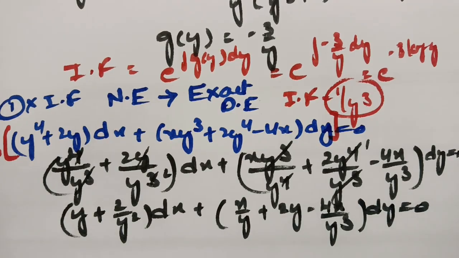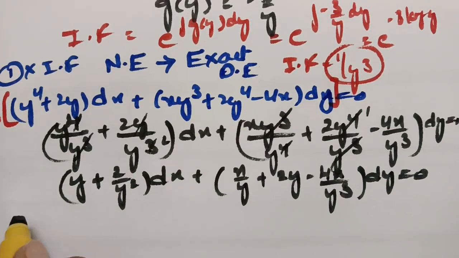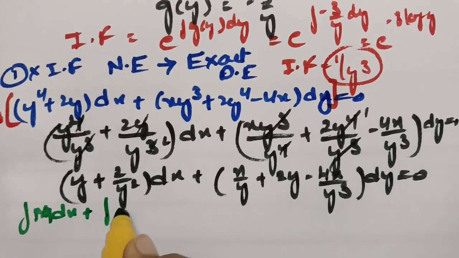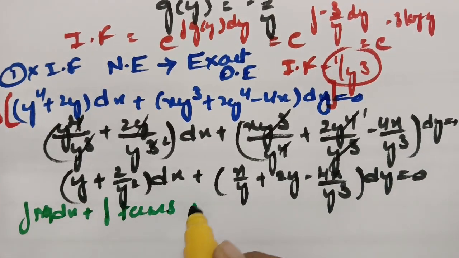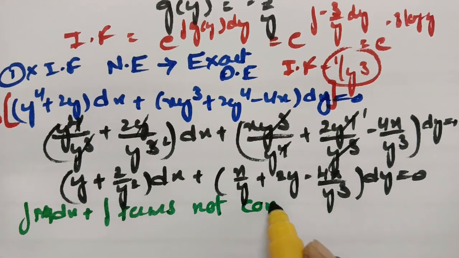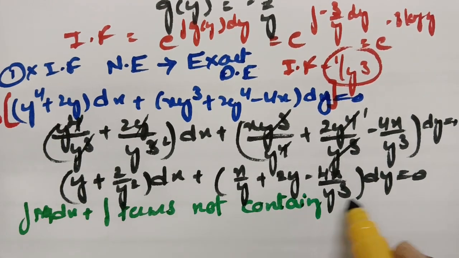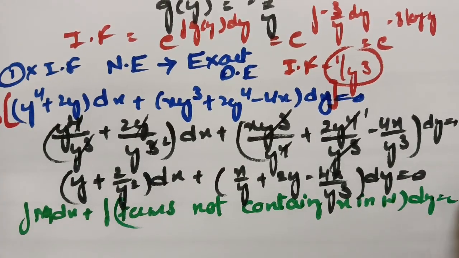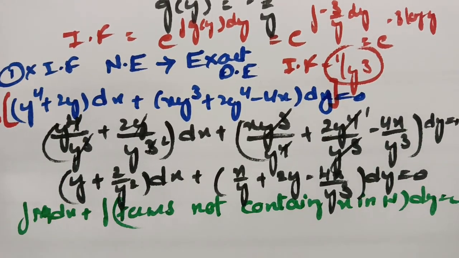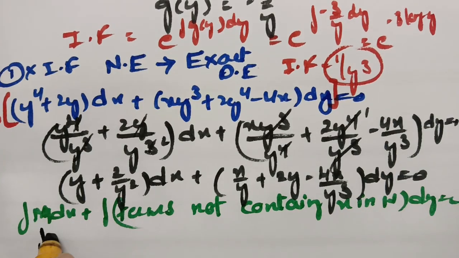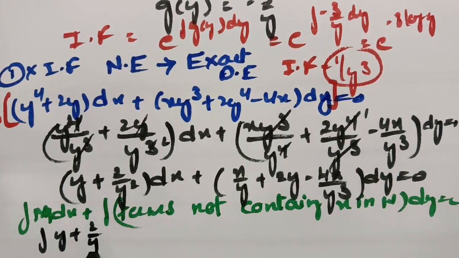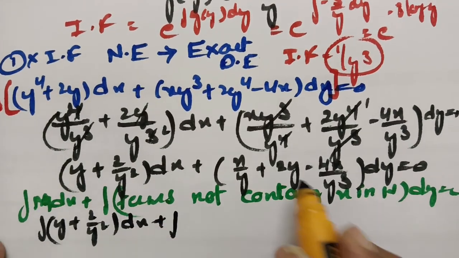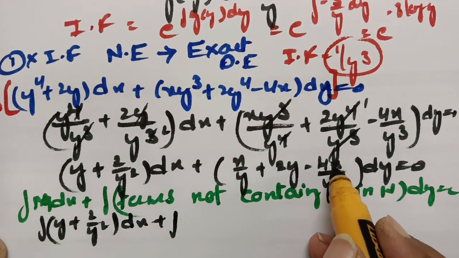As I showed you, the solution is integral m dx plus the terms not containing x in n dy is equal to c. What is m here? That is y plus 2 by y square into dx, plus the terms not containing x. Here is an x term, here is an x term.